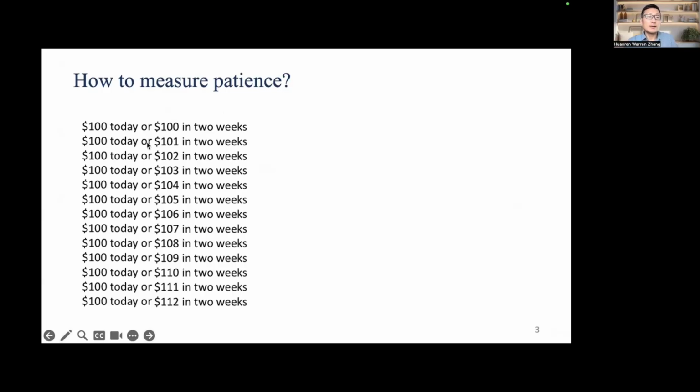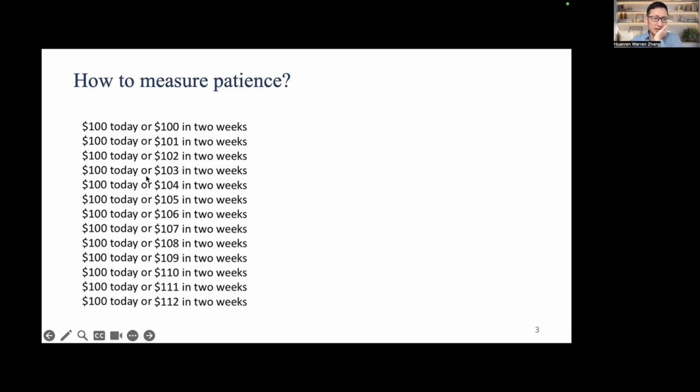For most people, for the first decisions, they will probably choose $100 today compared to $100 in 2 weeks, just for the reason that you can enjoy using the $100. Also, if you put this money in the bank, you will earn some interest, and in 2 weeks' time there's a lot of uncertainty. So $100 today is definitely better than $100 in 2 weeks' time.